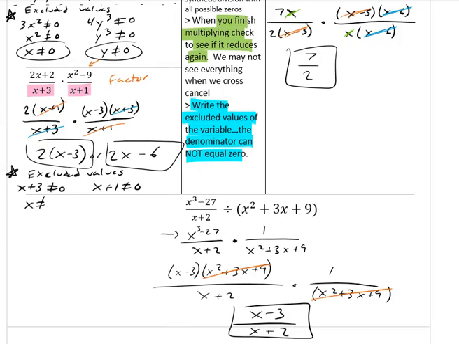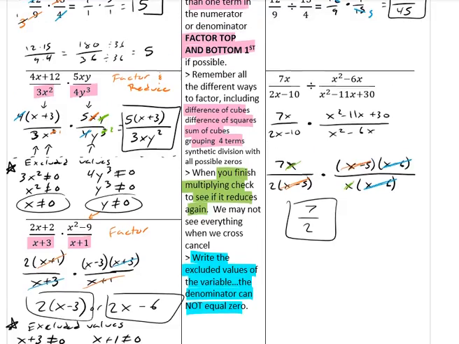Therefore, x cannot equal -3 and x cannot equal -1. Let's look at the sentence on the very bottom. Excluded value. Actually, we're going to take a look at this one first.